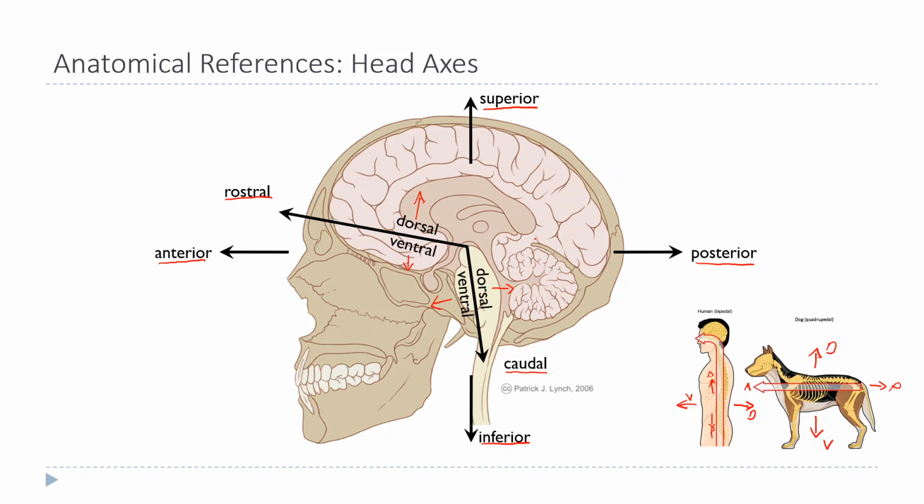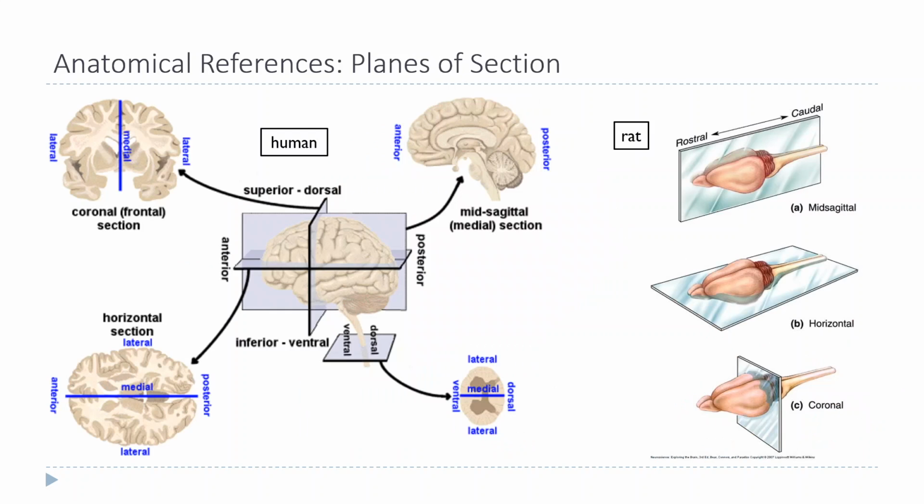So when I say that the brain, for example, is superior to the spinal cord, that just means it's above the spinal cord. But at the same time, within the brain, we could say that, for example, the cerebral cortex, which is this whole area here, is superior to, say, the cerebellum because it's above that. So again, these are all relative terms, so it's always one thing relative to something else.